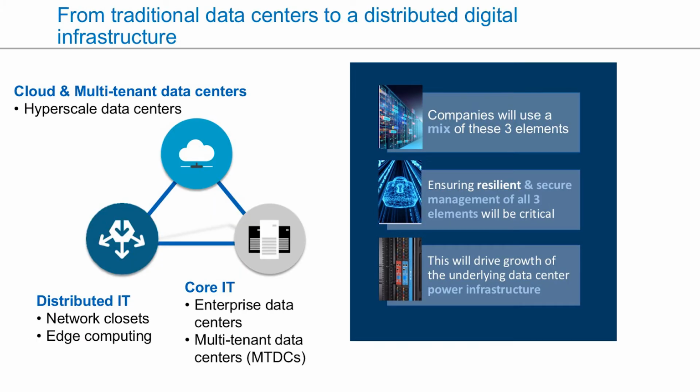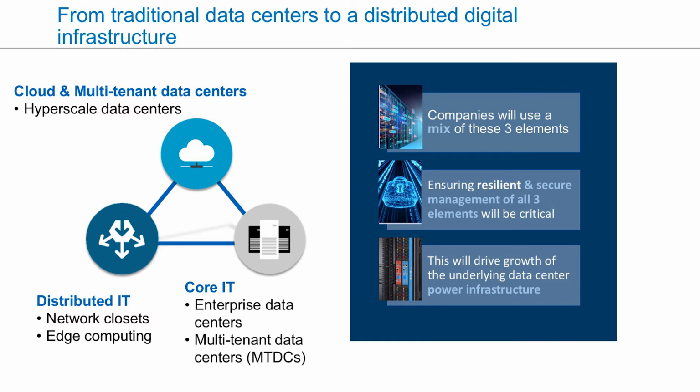So let's look at what's driving data centers to go from a traditional data center into something called a distributed digital infrastructure. What is that? Well, in the industry, we're looking at three things: cloud and multi-tenant data centers. We're talking about hyperscale data centers that are transmitting high levels of data towards the cloud and interfacing with the cloud.